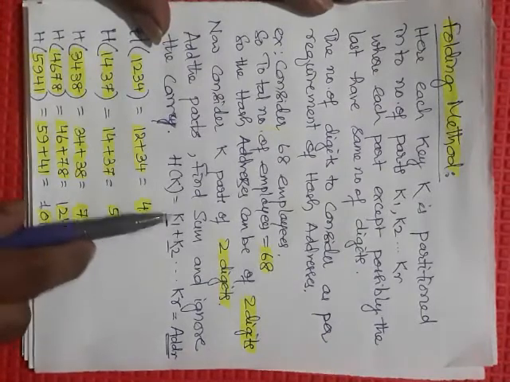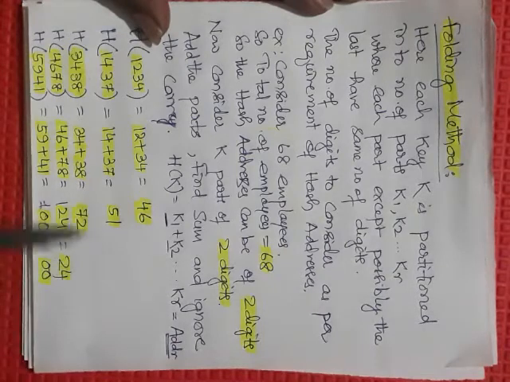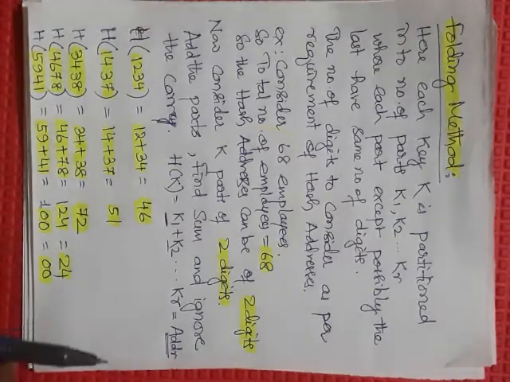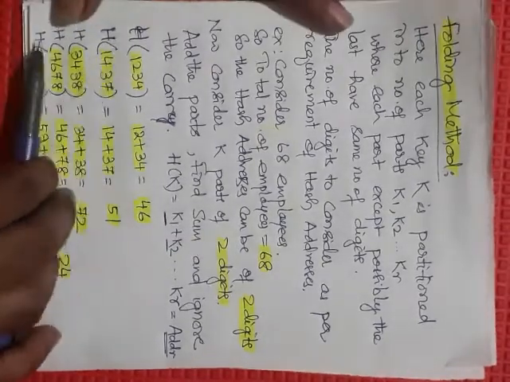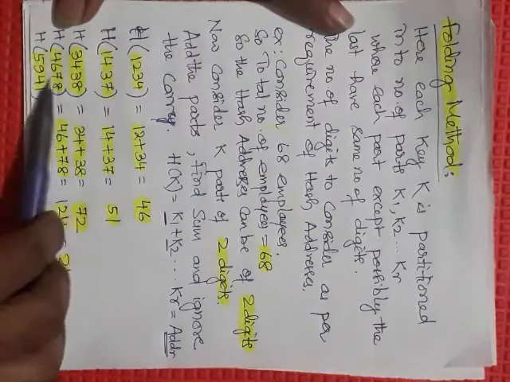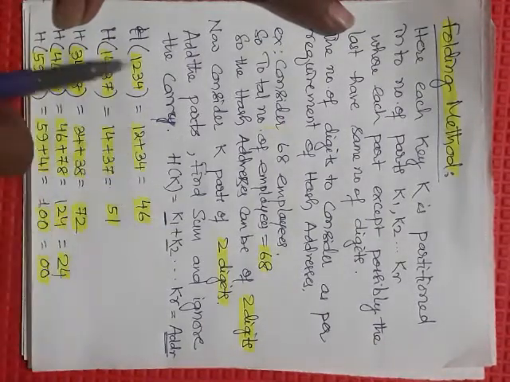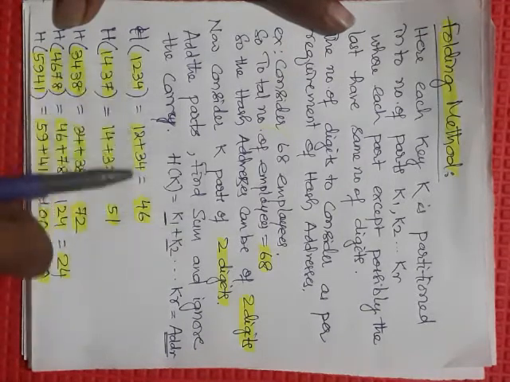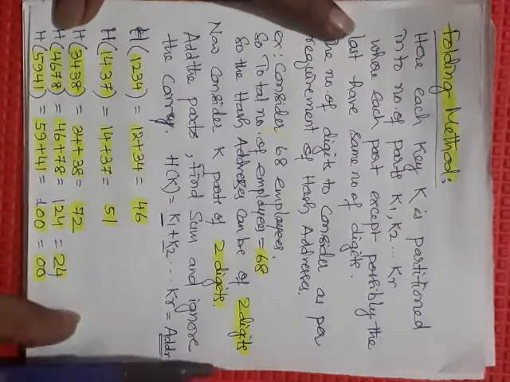When adding the 2-digit parts, whatever sum we find, by ignoring the carry, that sum is considered as the address. Here I have not taken all 68 employees as the example; out of 68 employees, for a few employees we have shown how the address is found. Suppose 1234, we divided it into 2 digits, added them, and found the address. When there is a carry, we ignored it, and accordingly we stored the data.